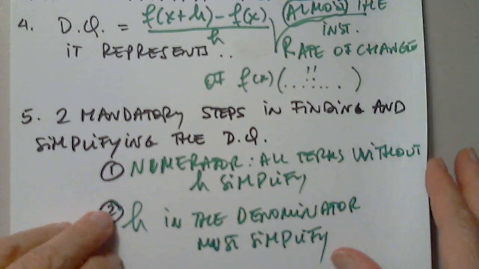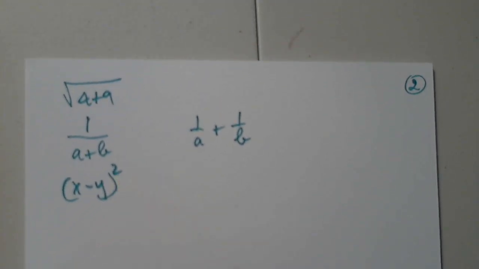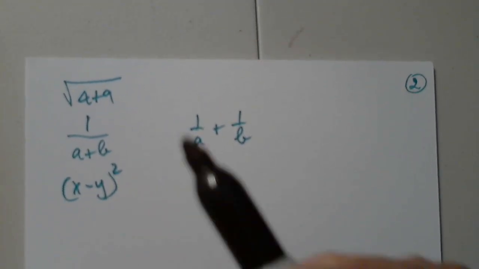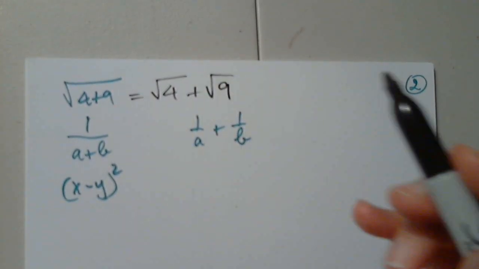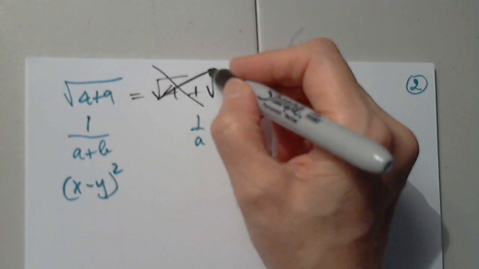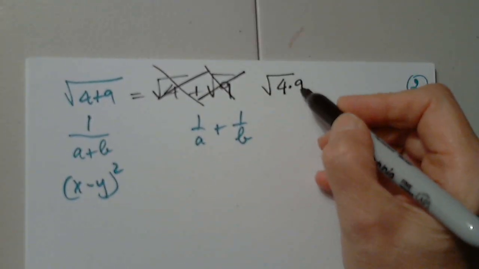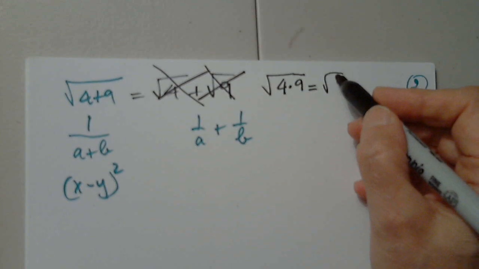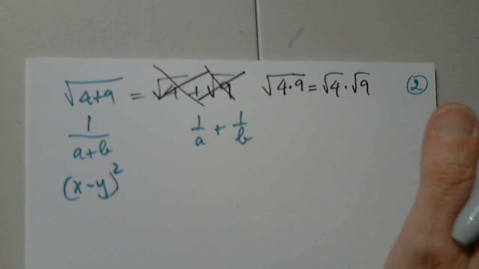Okay, now I wanted to look at what we just had on the discussion. So is this correct? No, of course not. Remember, the square root of 4 times 9 can be replaced by the square root of 4 times the square root of 9, as long as these are all real numbers.